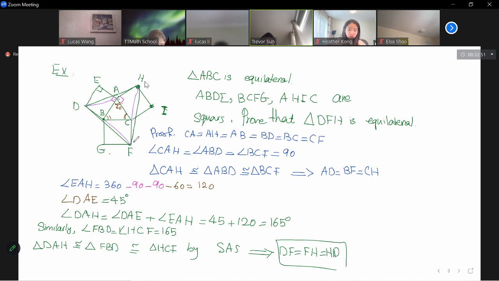There's no difference if D is on the bottom, F is on the bottom, or H is on the bottom. Yeah, but you have to tell me why there is symmetry. But if that's the case, you can just say they have equal sides, right? Okay, you got the point, right? Yeah.